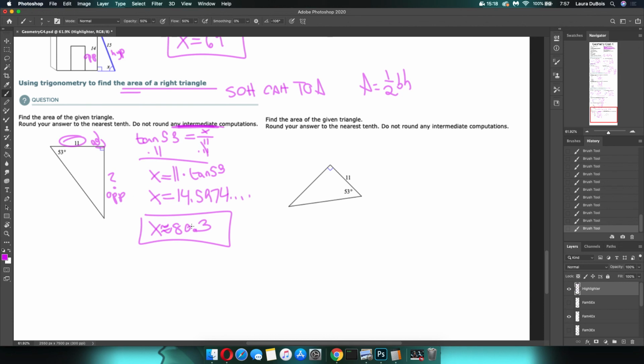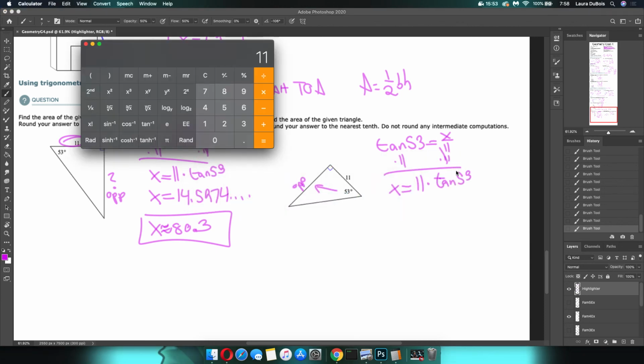Same thing is going to happen over here. There's my opposite and adjacent, so tangent 53 equals opposite over adjacent, 11. Wait, is that the same thing? The curse of my screen grabs strikes again, and even with a different orientation I got the same numbers. We'll go through it again anyway. Times 11, x equals 11 times tangent 53.